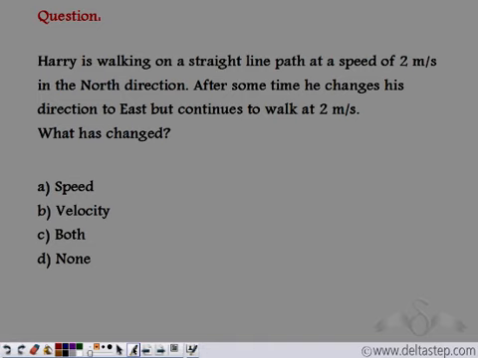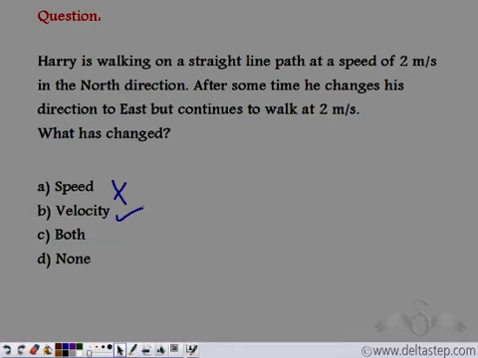So his speed remains constant. However, he changes his direction and velocity is magnitude plus direction. So even if the direction changes, we say that velocity has changed. So in this case, the velocity of Harry has changed.